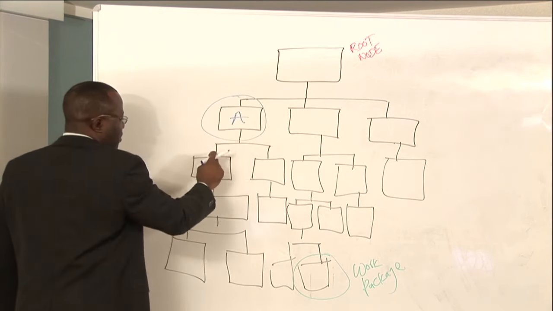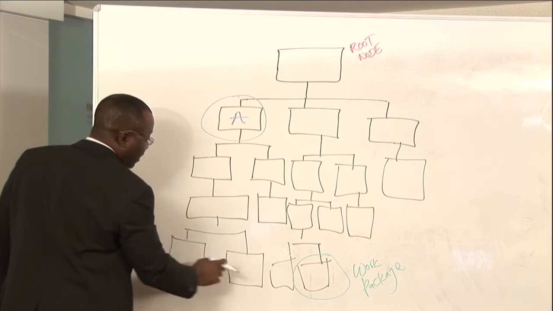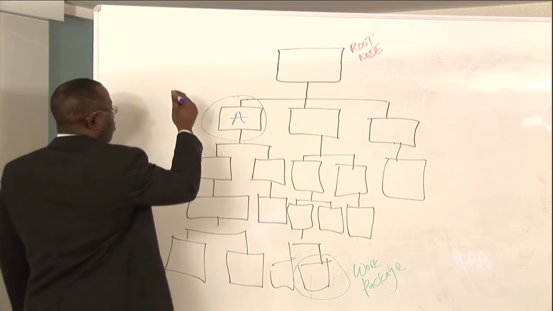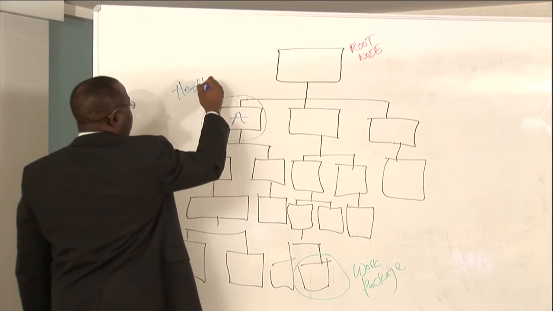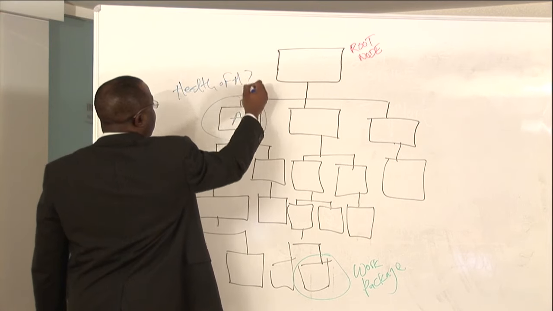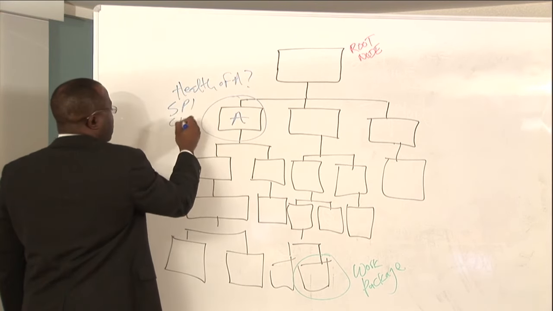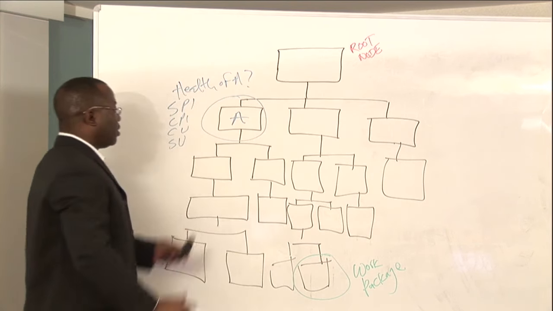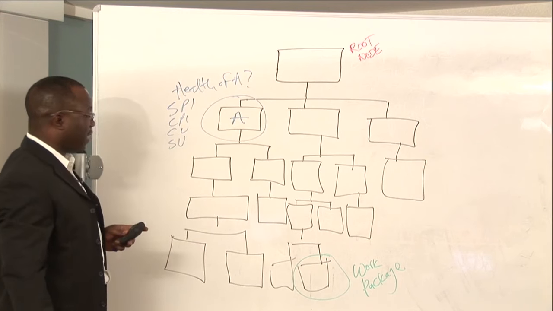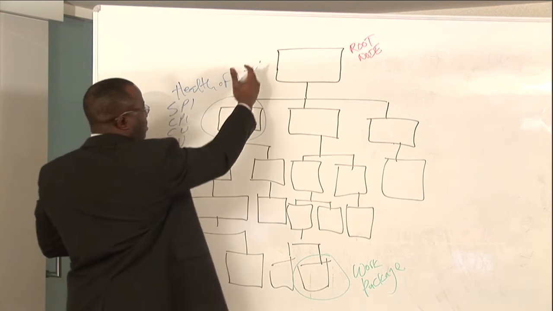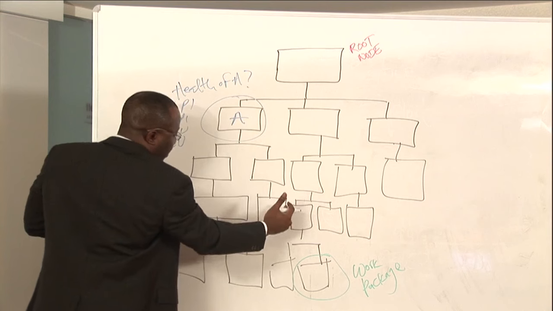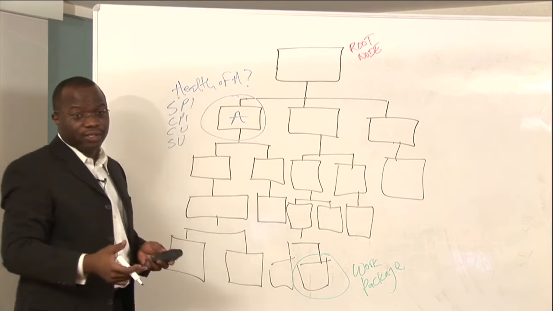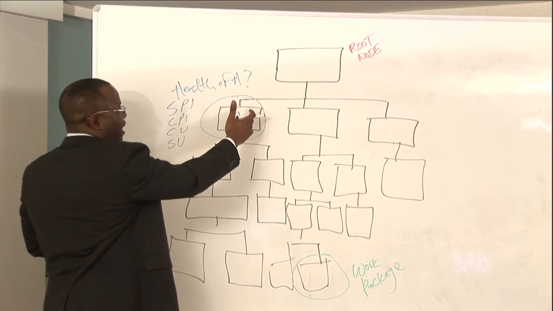Everything that falls under the branch of control account A can be tracked through understanding, for example, what is the health of A in terms of your SPI, CPI, CV, SV, not for the entire project, but only for control account A. Because when you take a look at this project, you could find out how well A, as a phase or deliverable, depending on how you broke down the WBS, is doing.